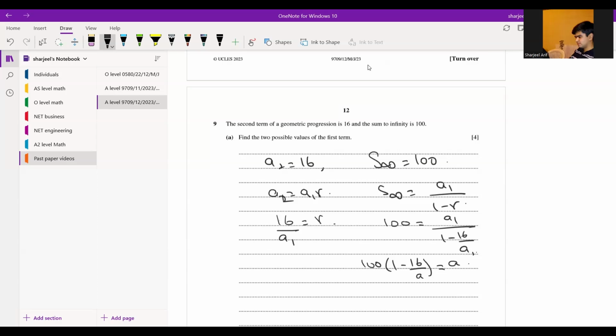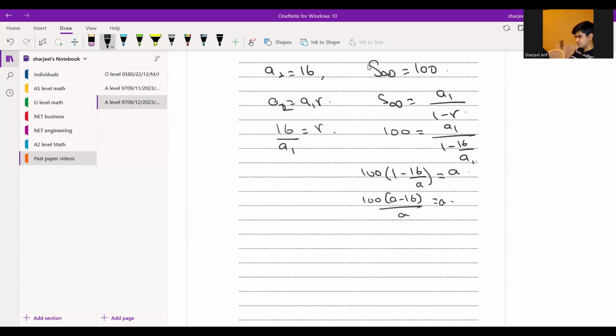So this will become 100 into (a minus 16) over a equal to a. 100a minus 1600 will be equal to a square, and a square minus 100a plus 1600 will be equal to 0.